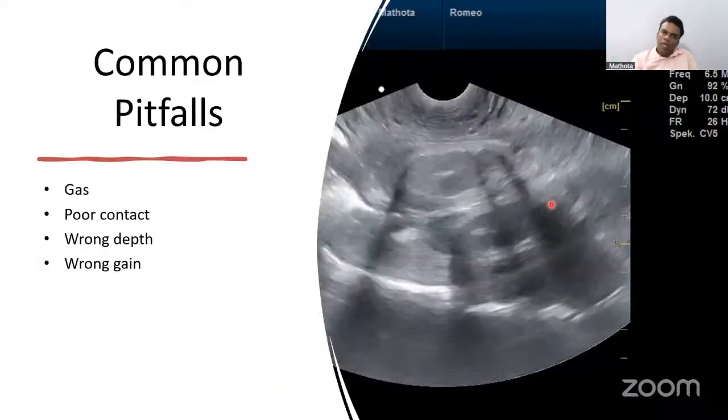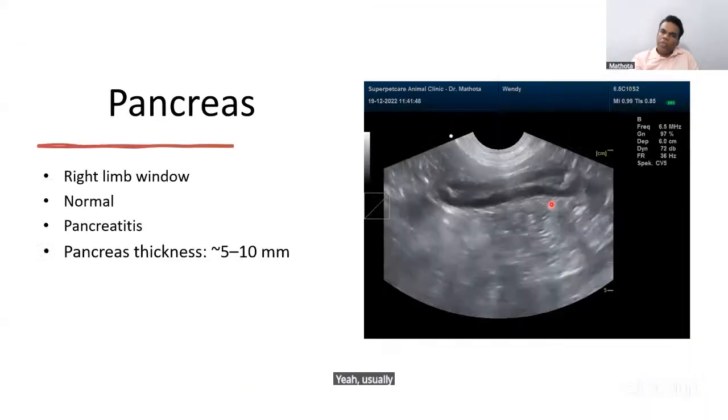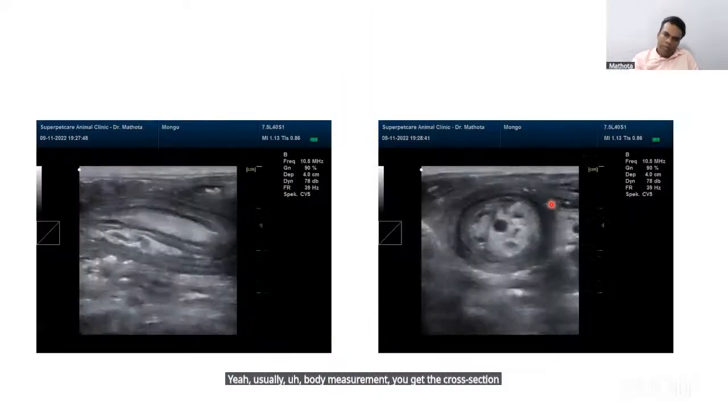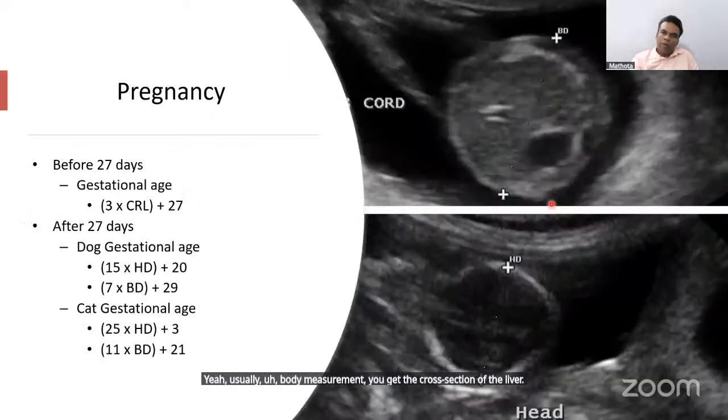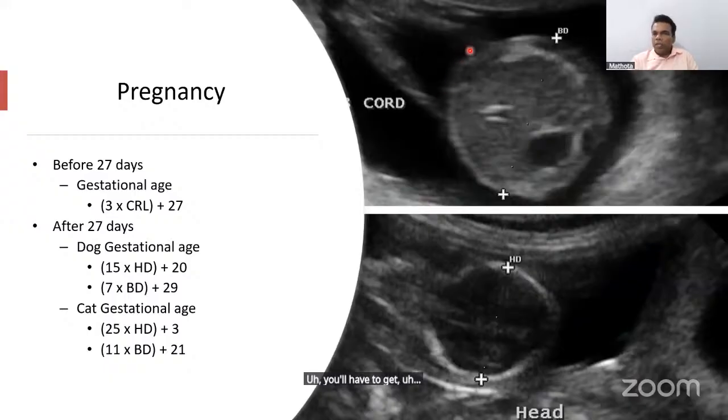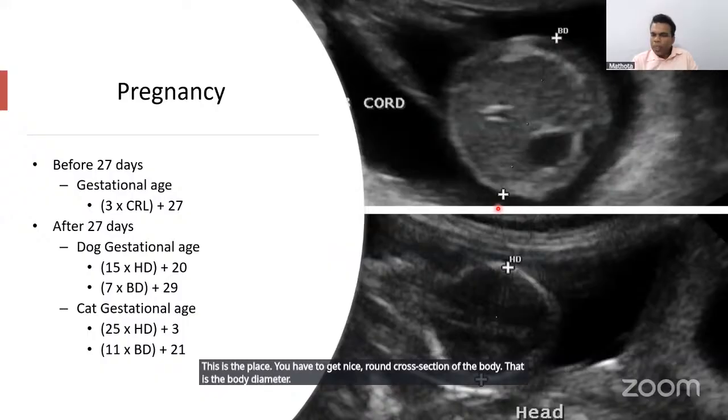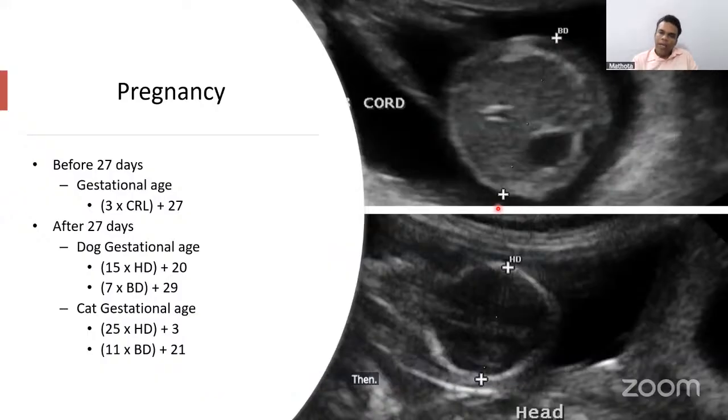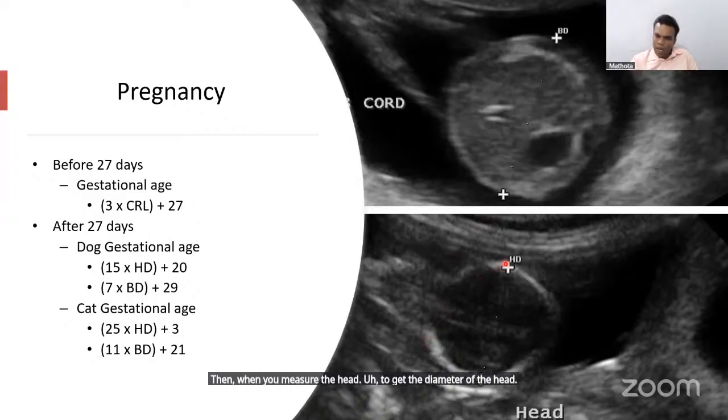Yeah. Usually, for body measurement, you get the cross section of the liver. You'll have to get a nice round cross section across the liver. This is the place you have to get a nice round cross section of the body. That is the body diameter. Then, when you measure the head, you get the diameter of the head on the skull.